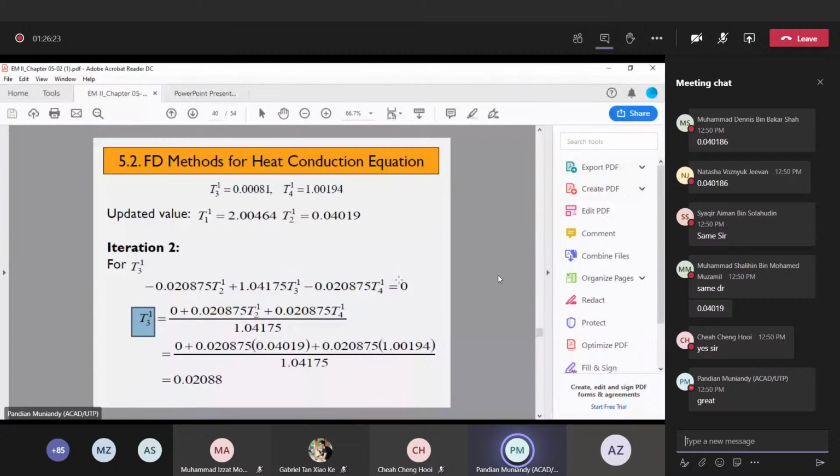0, this fellow is 0, plus 0.020875 T12 plus 0.020875 T14. T2, the value is 0.04019. This is the updated one, the new current one. T4 is the previous one.